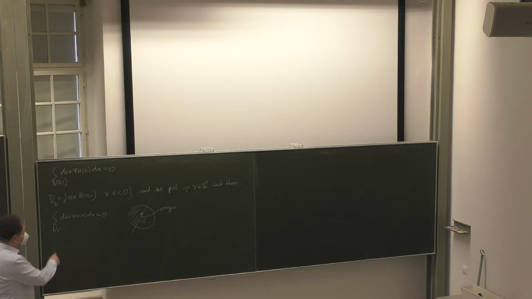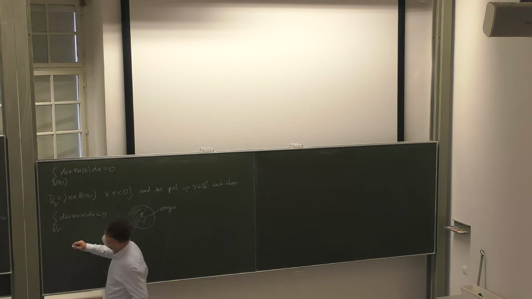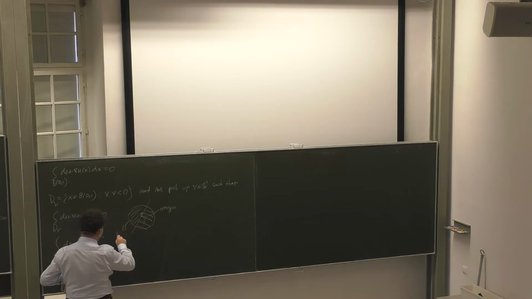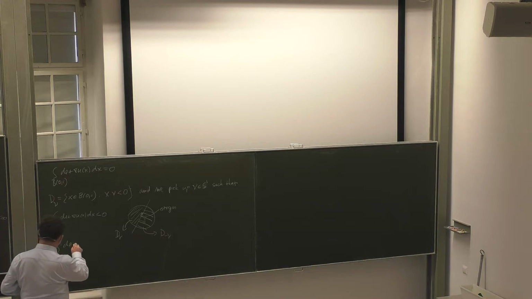So now assume you have this. And of course, on the other half ball, which I will denote D minus nu, and this is my D nu, this is my D minus nu, I get that this is positive, because the sum has to be 0.